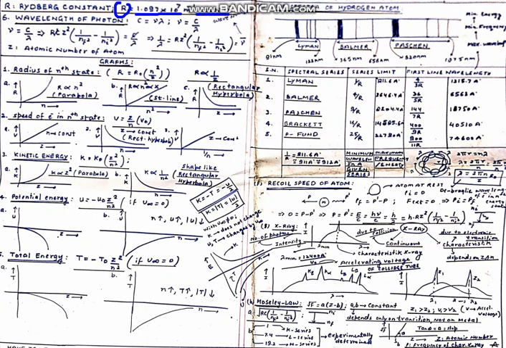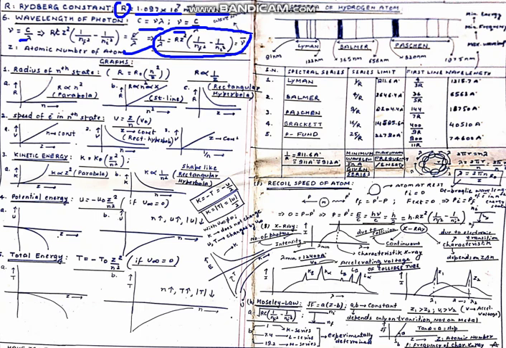Now if we calculate the wavelength of the photon using the relation, after substituting, it comes out to be 1/λ = RZ²(1/nf² − 1/ni²), and Z is the atomic number of the atom.